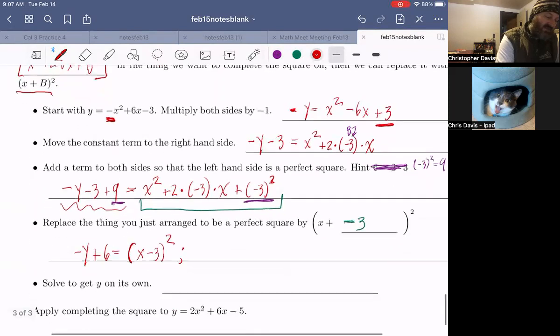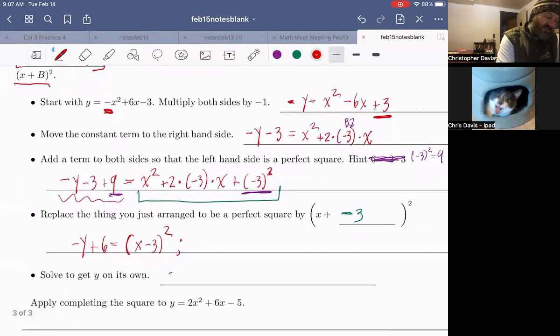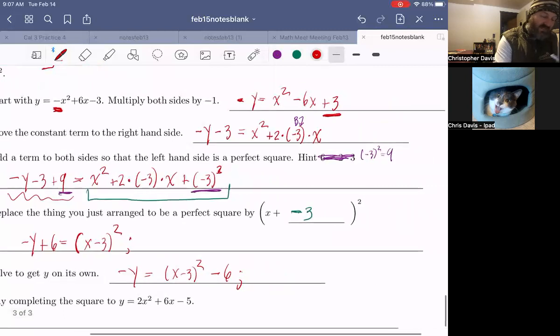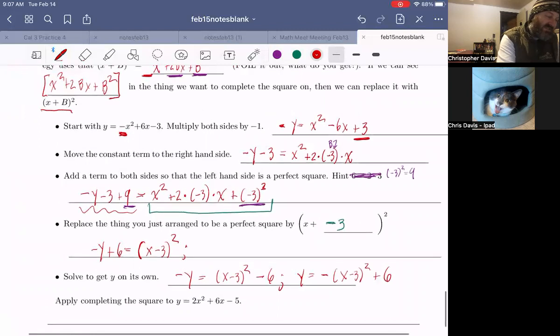Let's get y on its own. Subtract 6 to the other side. Negative y equals (x minus 3) squared minus 6. Let's multiply both sides by -1. y equals negative (x minus 3) squared plus 6. And let's just check that that agrees with what we just did.